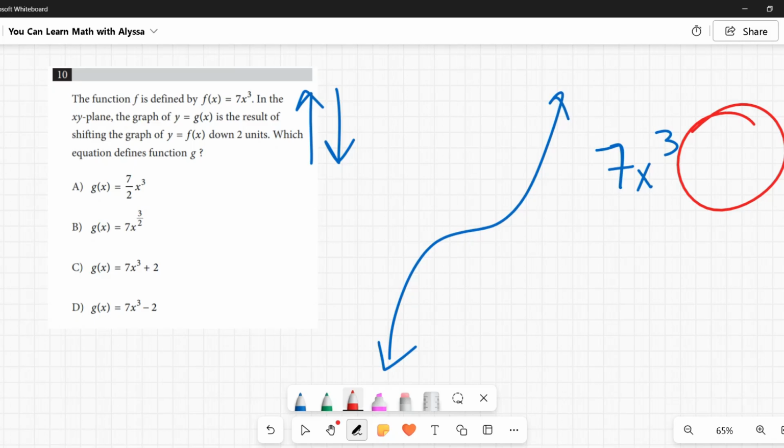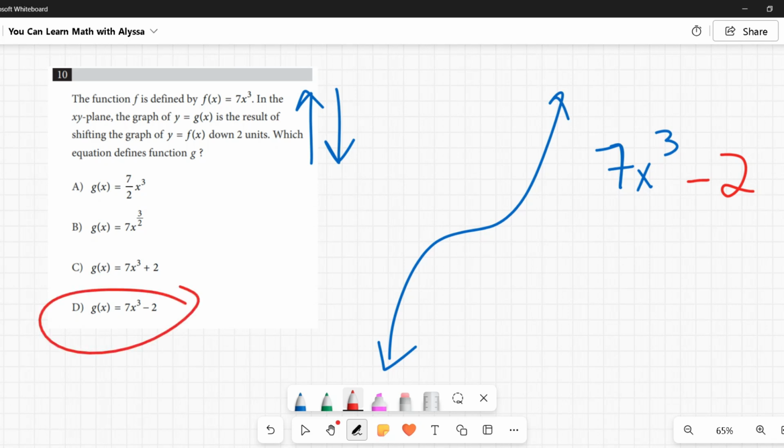And this is down 2 units, so if I want to go down towards the negative y, I need to subtract 2. So to go down 2, subtract 2, and that's it. If I have that knowledge, this is a very fast problem. If I can recall it and go, okay, up or down, I want to go down towards the negative, down 2, minus 2 goes on the outside, D is my answer, and on you go. You're on to the next problem.